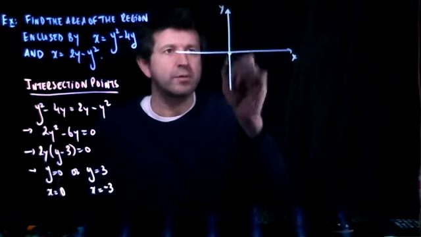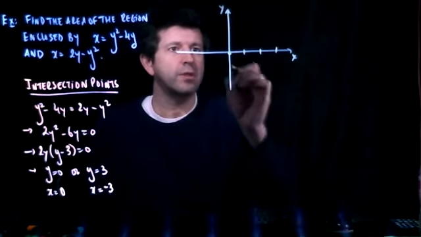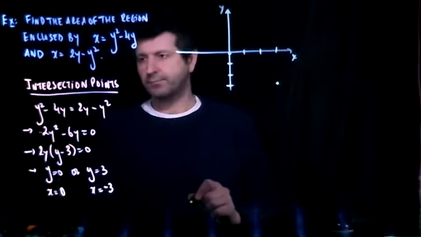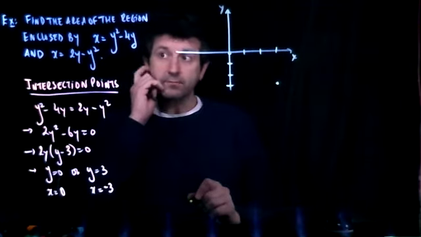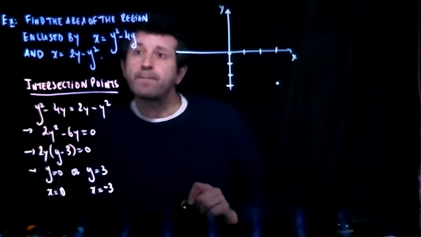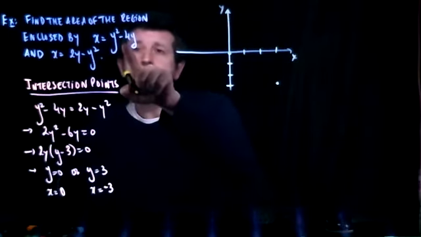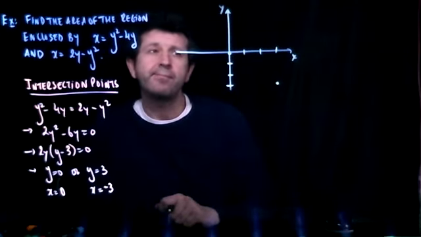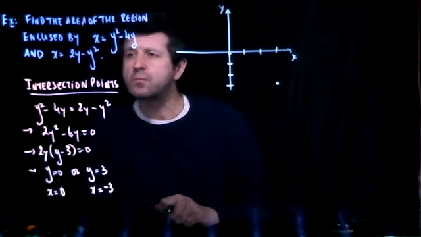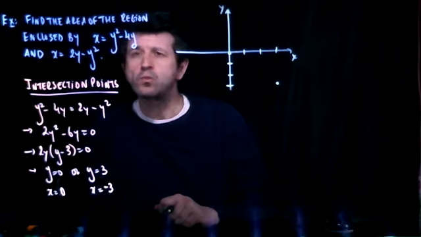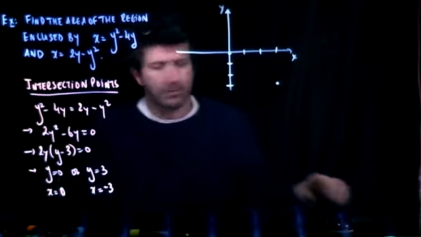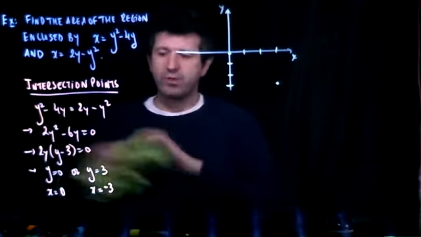So (0, 0), and 1, 2, 3. Like this. I messed up my graph. Negative 3 is on the other side.